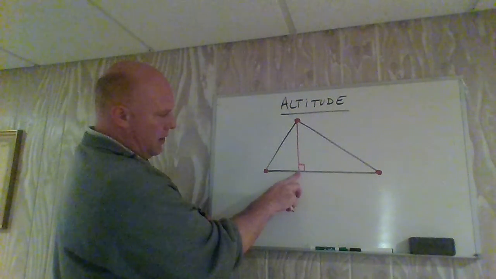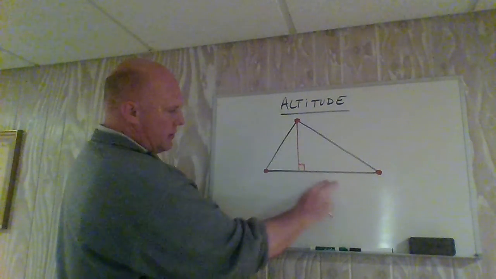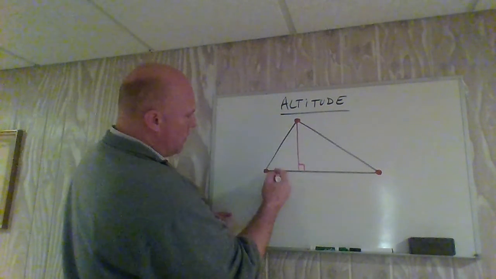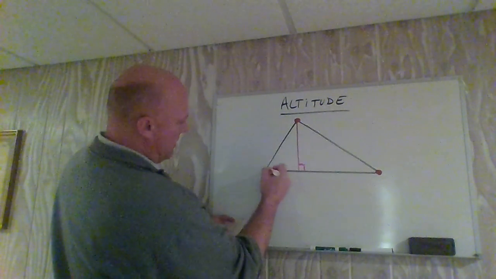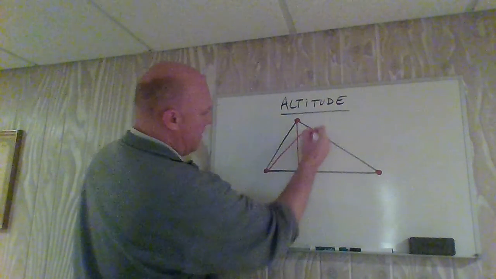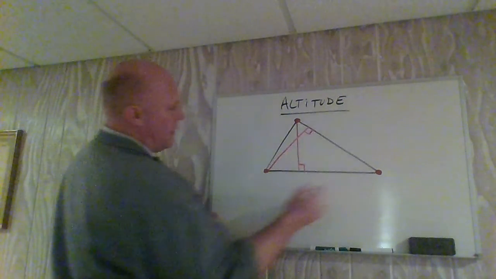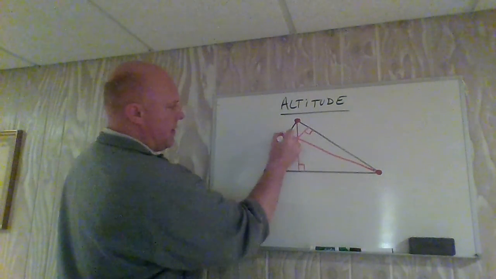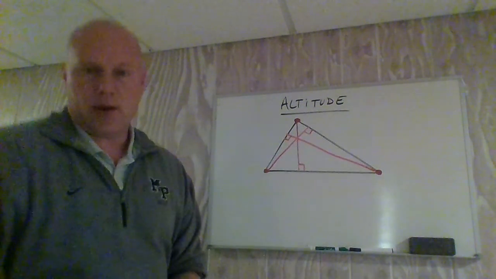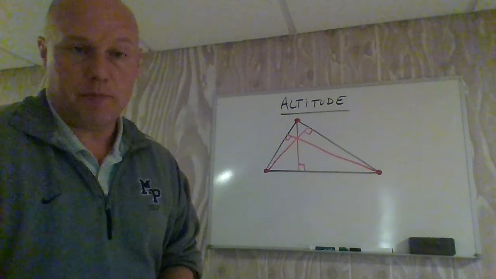So at this point, this side is perpendicular to that corner. If we draw another one, I'll assume it looks something like this. That looks perpendicular to me, and let's say that one right there would look perpendicular. So those are your 3 altitudes.